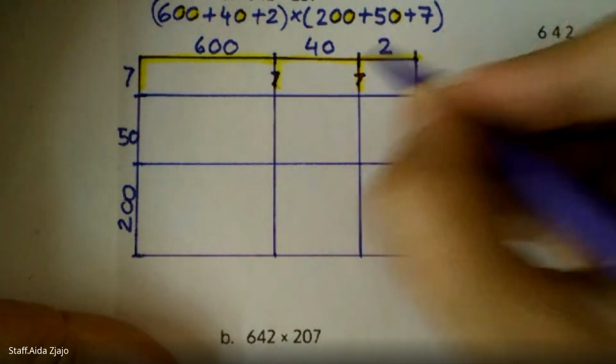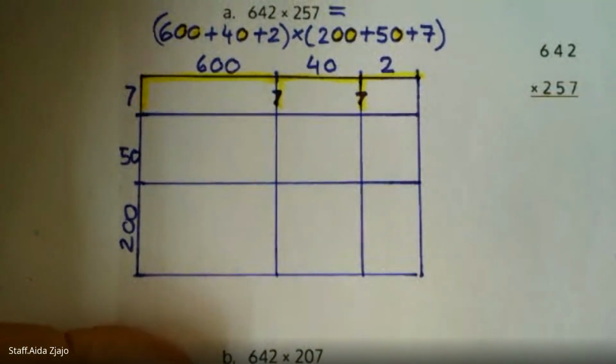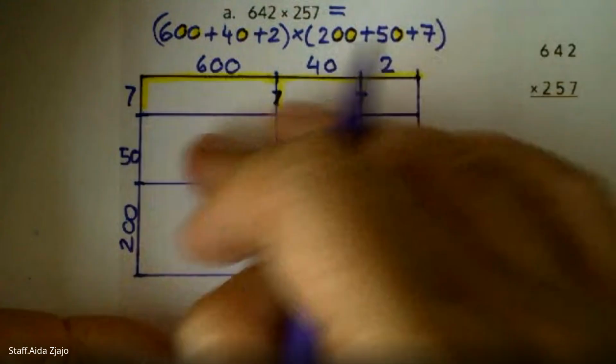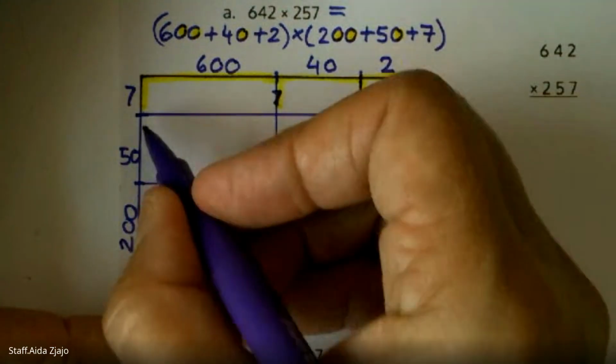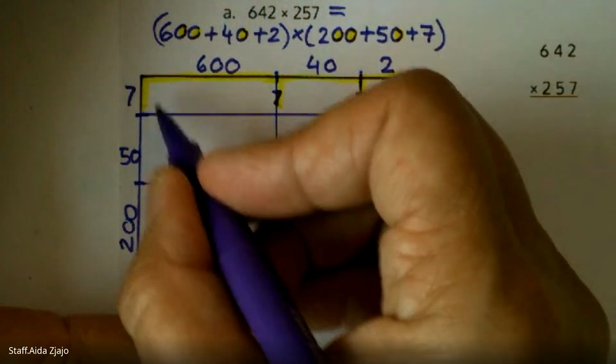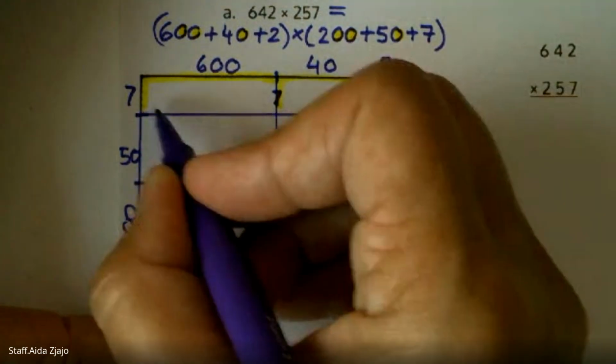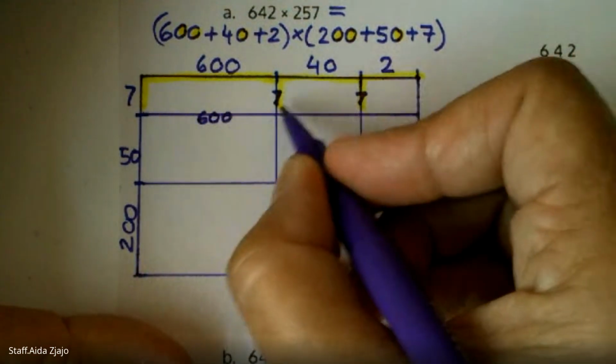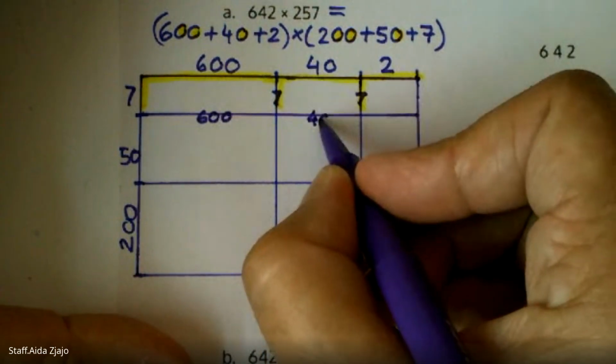Okay, you can do that all at once if you like, one at a time, or you can just separate, or you can write right away. So this is 600, so I can put 600 here. This is 40.